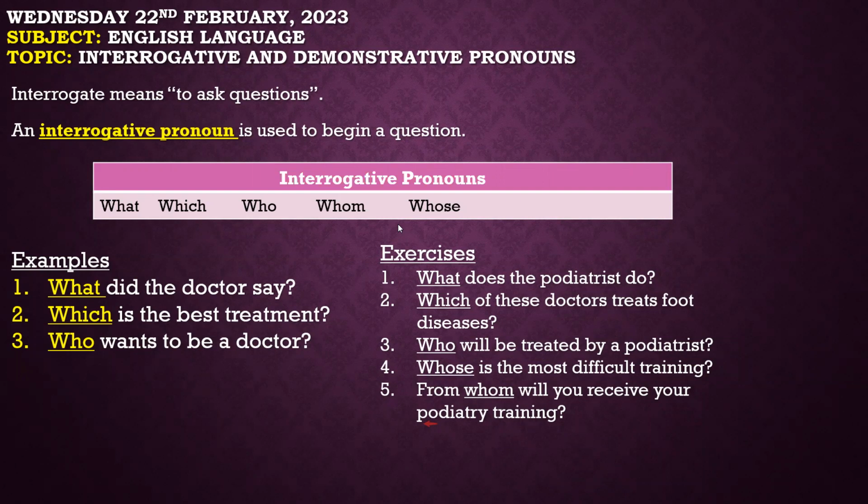What do we mean by an interrogative pronoun? What is the definition of an interrogative pronoun? Rakia.